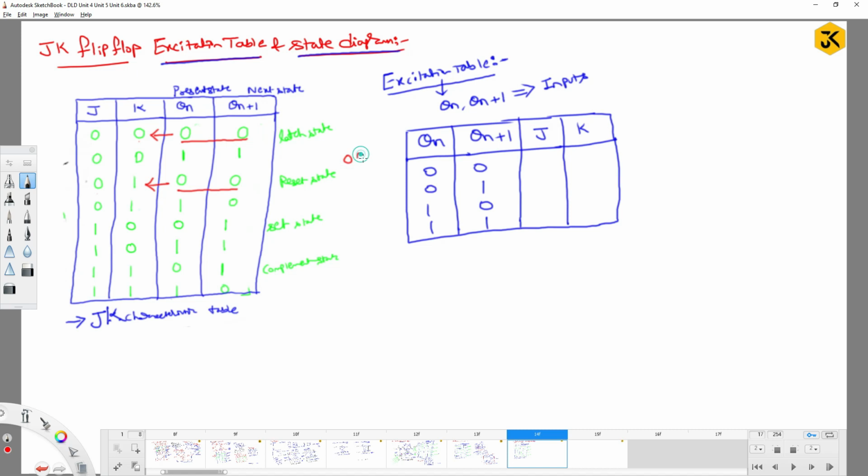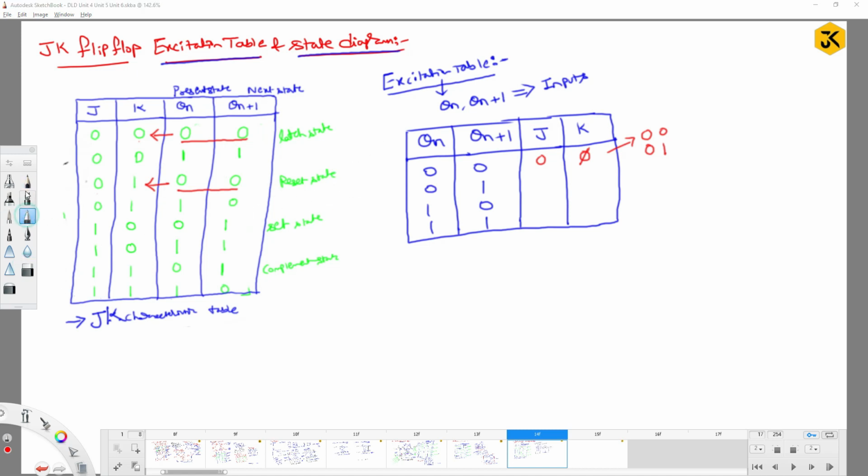One is 0 0, another one is 0 1. Can I write these two as one don't care? I can combine them as 0, don't care. In the SR flip-flop also we have explained this clearly, right? 0, don't care means I can write this as 0 0 or as 0 1, right? That is what I am trying to write here.